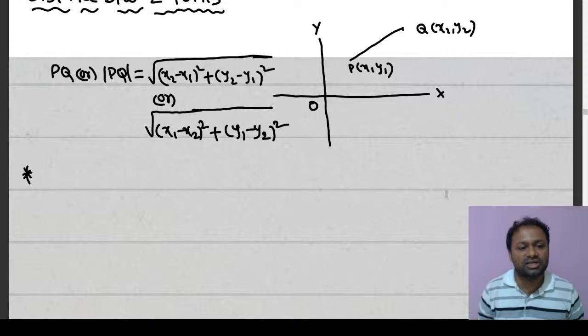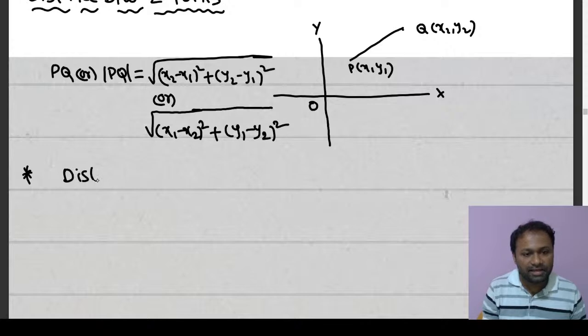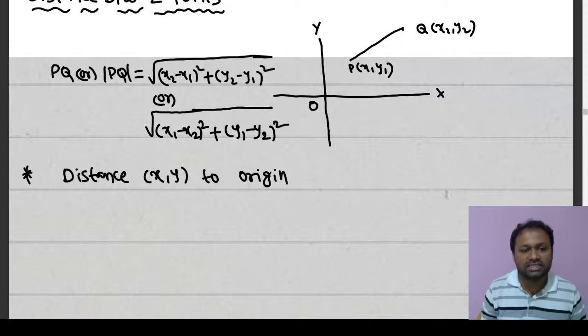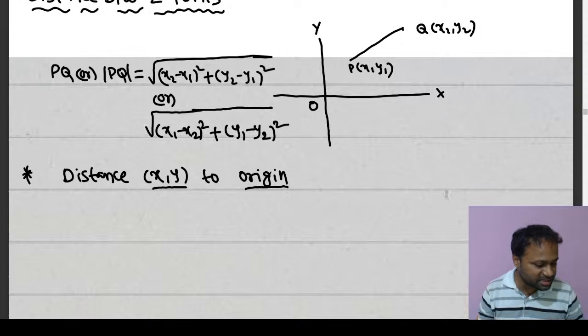What is that condition? Distance from a point x comma y to origin. What is the distance from the point to origin? Let us see.